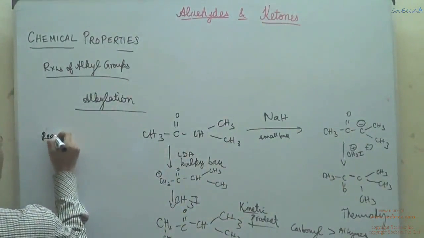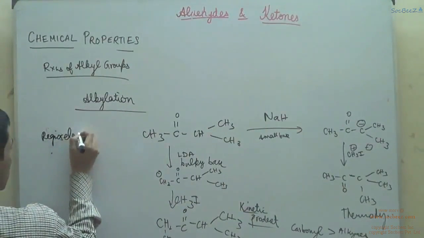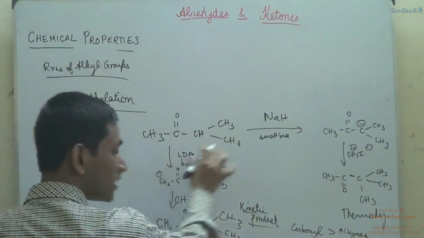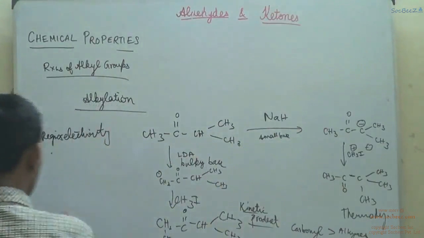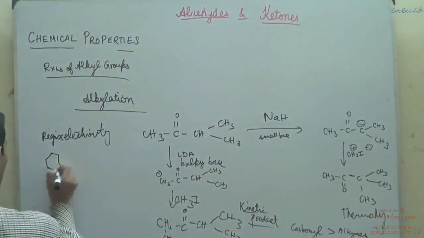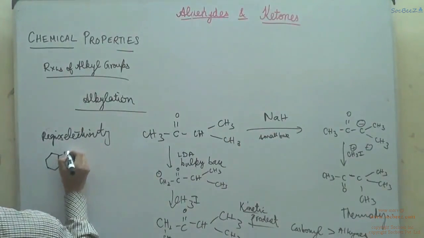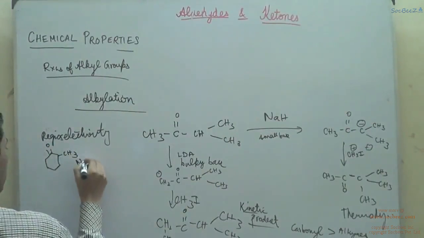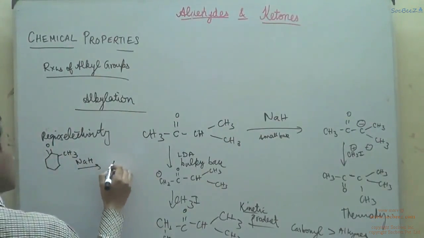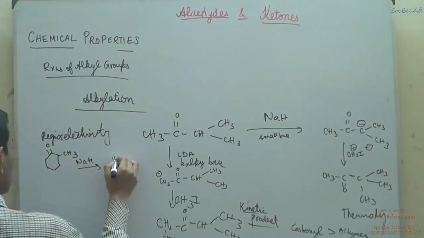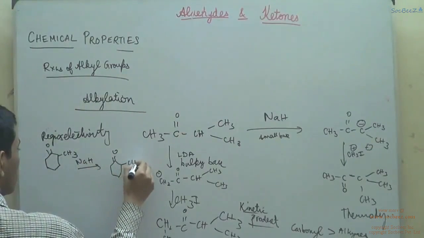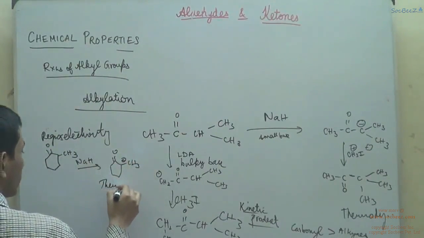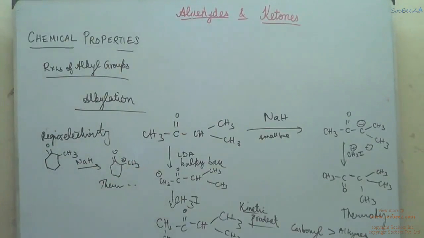Let us talk about regioselectivity. This is regioselectivity because a particular region is being selected according to the base. So if I have this compound and if I treat with NaH as the base, this is removed. So this is basically the thermodynamic product's intermediate, right?